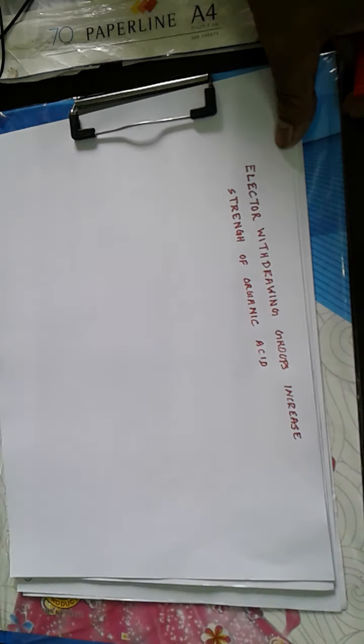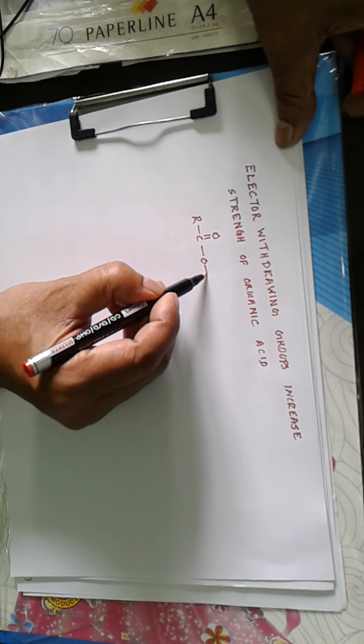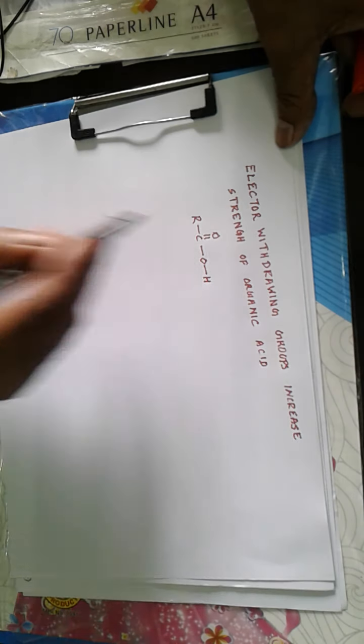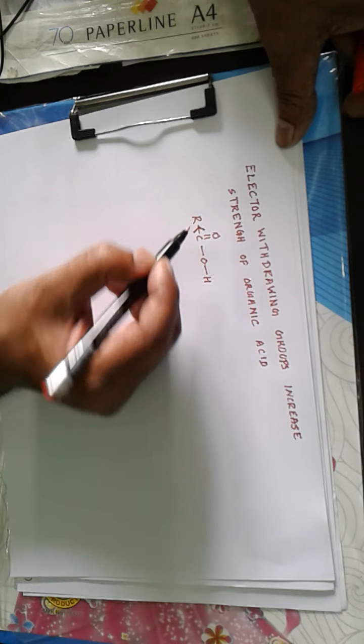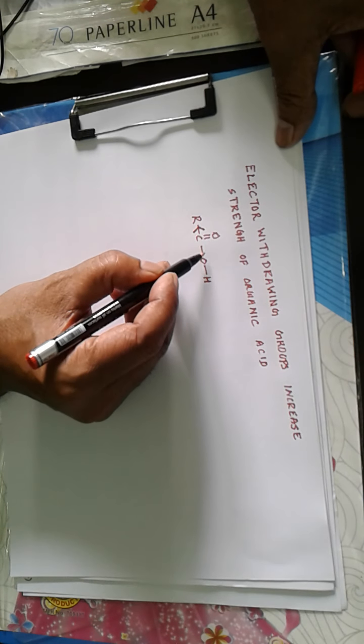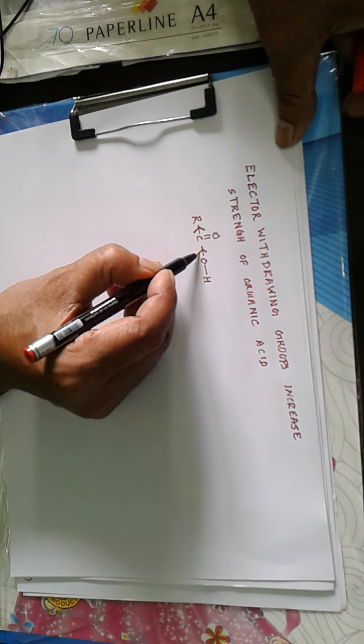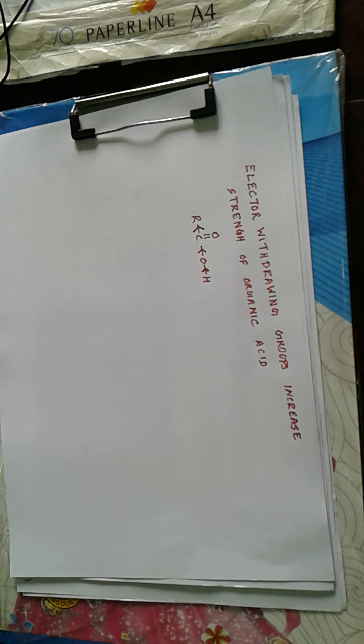Now in the case of carboxylic acid, RCOOH, suppose R is an electron withdrawing group, then the electron density, or electron pair, will move towards R, and along the sigma bond this will be propagated to the OH bond, so that the electron pair in the OH bond is strongly pulled by oxygen, so that the removal of H as H positive is made easy.